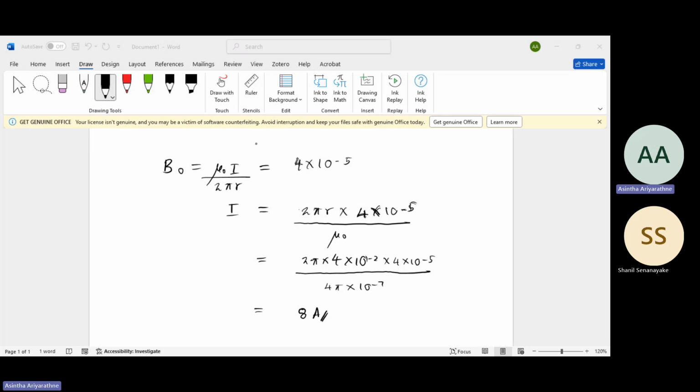The basic equation, if it is a total circle, right?